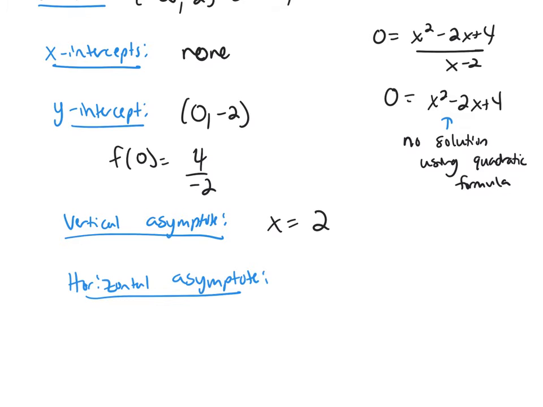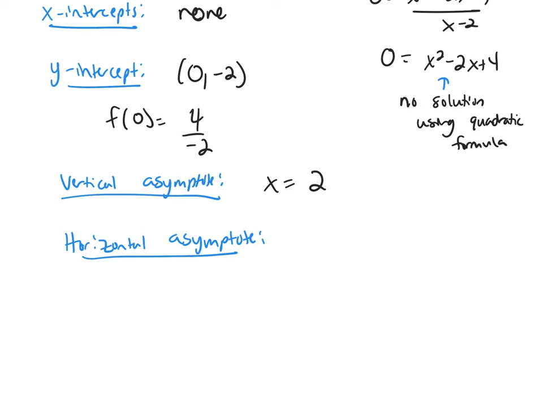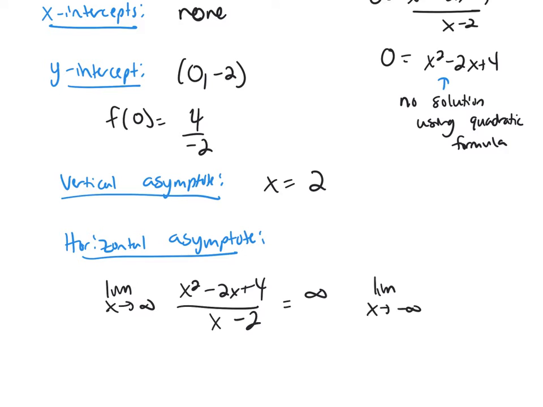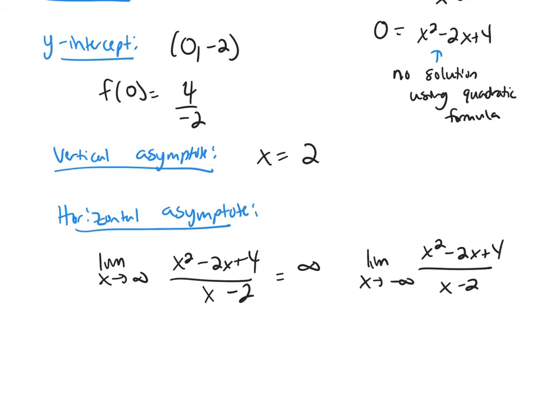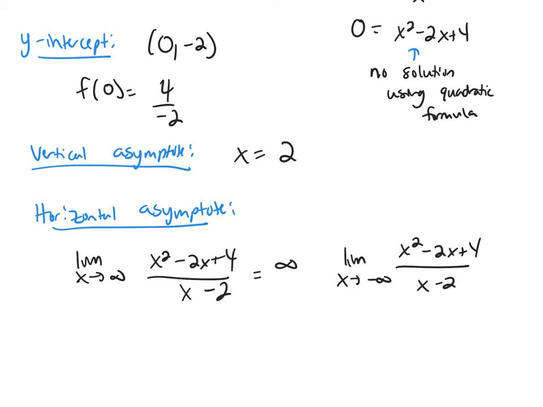And then I look for my horizontal asymptote. Well, if I look at either limit of my function, the numerator has larger degree, so this limit's going to be infinity. And if I look at the limit as x goes to negative infinity of x squared minus 2x plus 4 over x minus 2, well, now you just have to look at your powers.